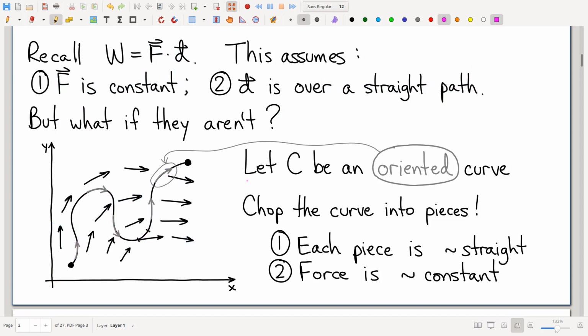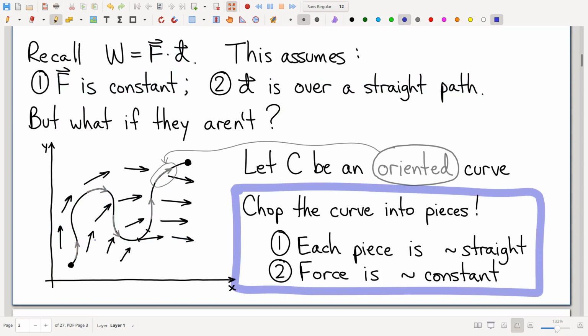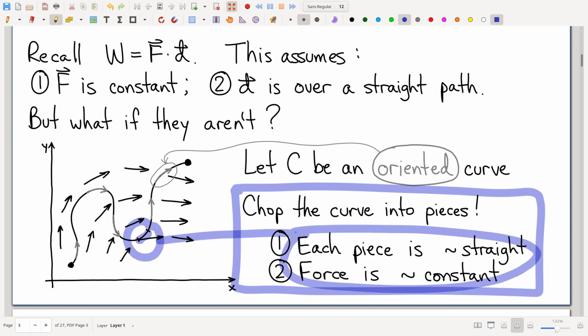So, here's what we're going to do. We're going to, roughly speaking, chop the curve up into little pieces. We're not going to consider the whole thing all at once. We're going to look at each little piece separately, on which the curve is approximately straight. Not exactly, pretty close. Round off errors go away in the limit, our usual refrain.